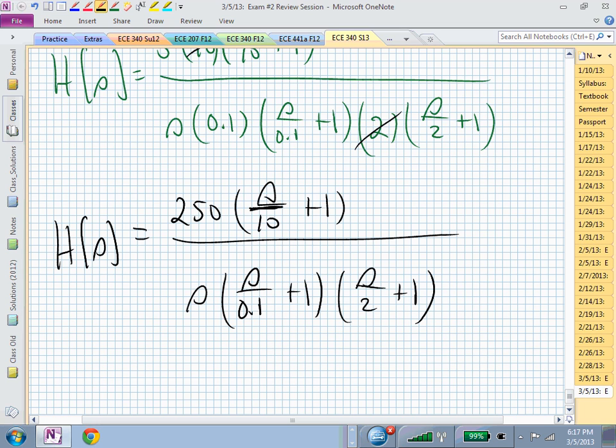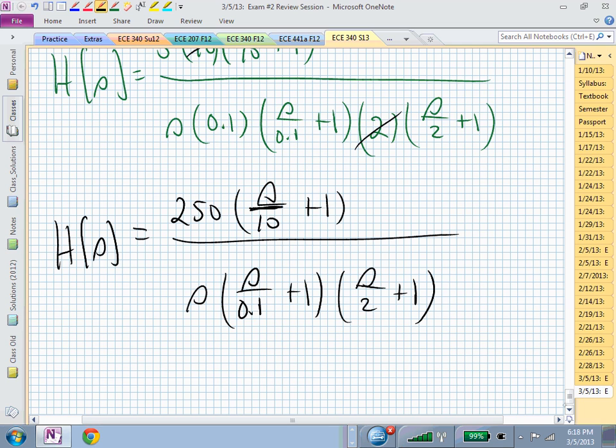And then the constant, this 250, will raise the whole thing up. And what I would do is write down my Bode plot before I even start drawing it, just so you have a map of where you're going.